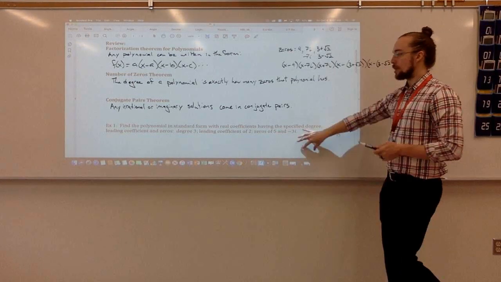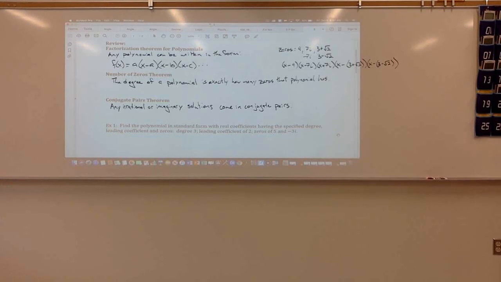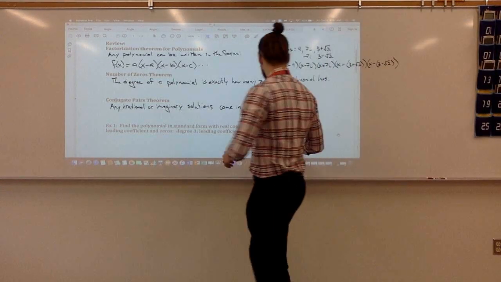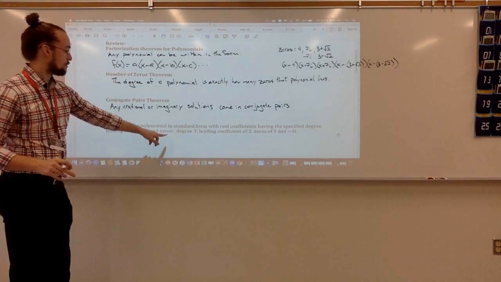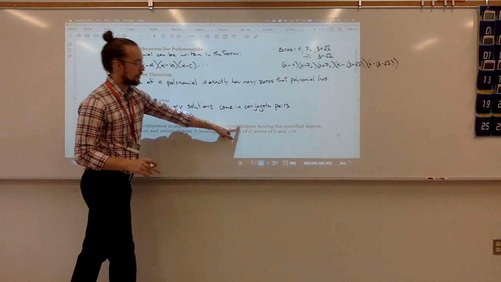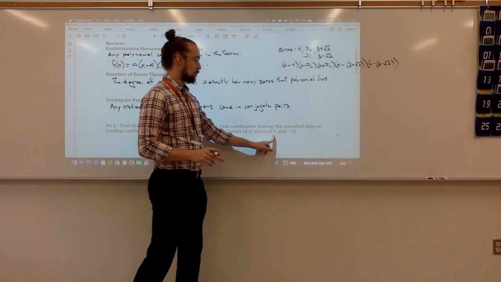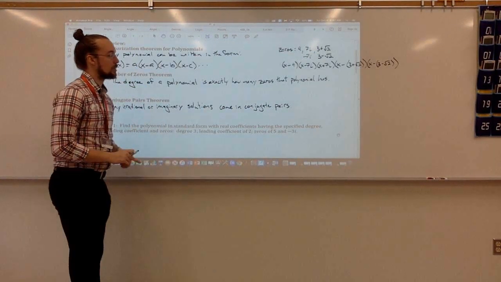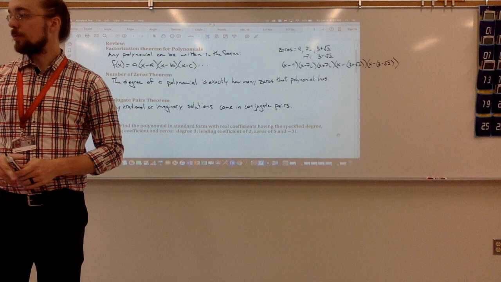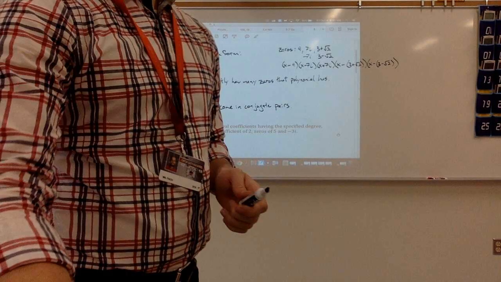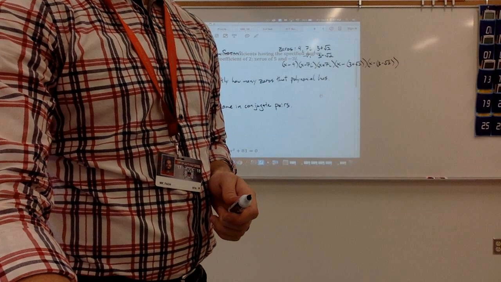Okay. So, similar to what we did up here, the first example just says, find the polynomial in standard form with real coefficients having a degree of 3, a leading coefficient of 2, and zeros of 5 and negative 3i. Okay? So I'm going to go ahead and scroll down. Need a little bit of room for this.